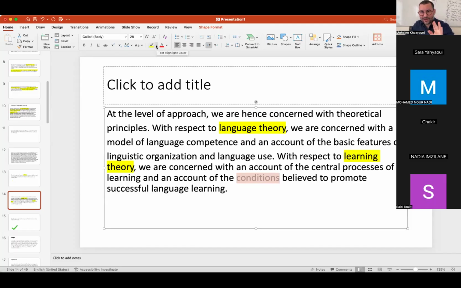Nadia, can you stay with me? I'm going to ask you a question, please. Can you see this word? Conditions. I would like you to reflect on English classes in your secondary school, and tell me what some conditions the teachers used to provide for a better English teaching classroom.